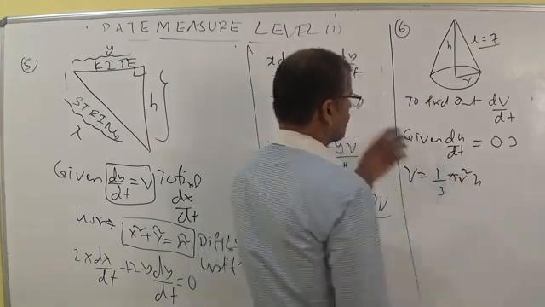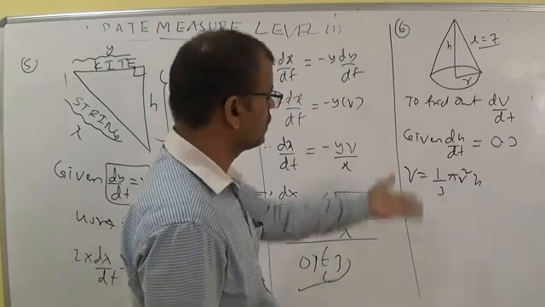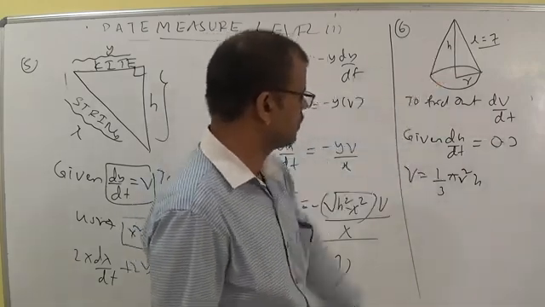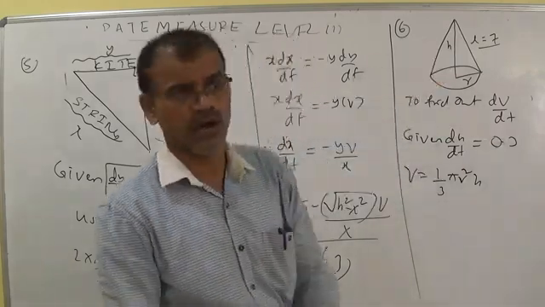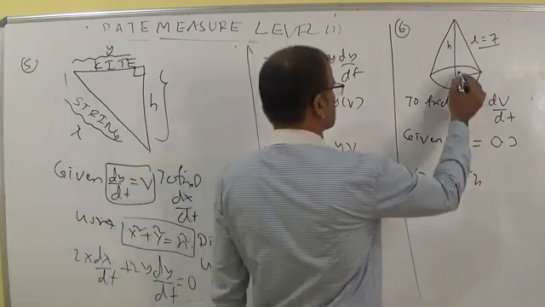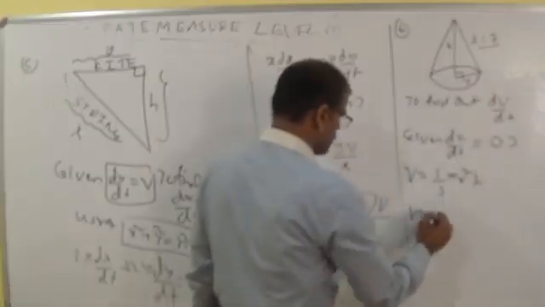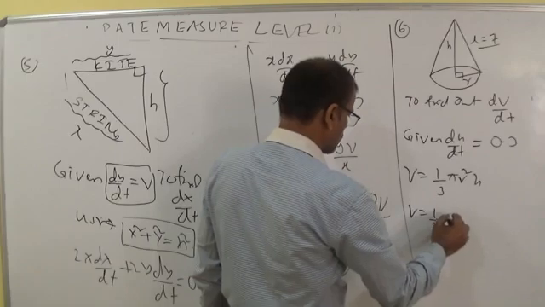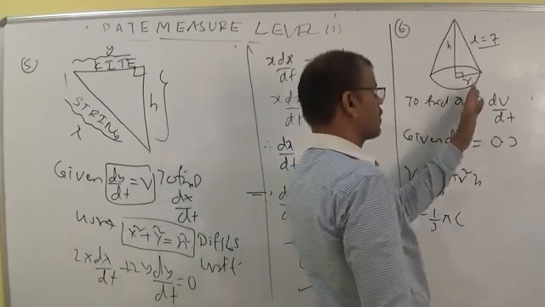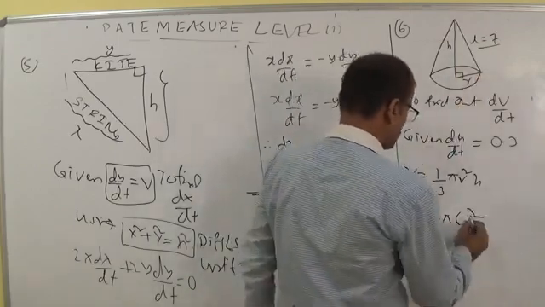Here he has given dH by dt, and L is constant. He is not at all discussing R. So in the right circular cone we can write 1 by 3 into, instead of R square, L square minus H square.